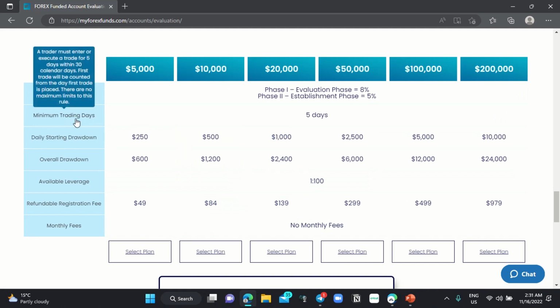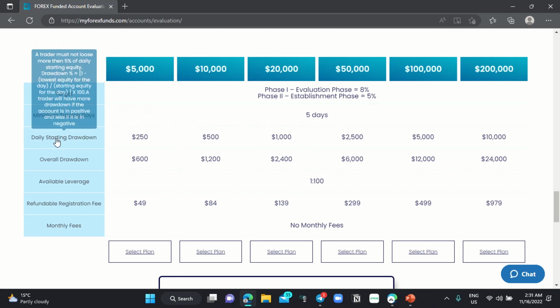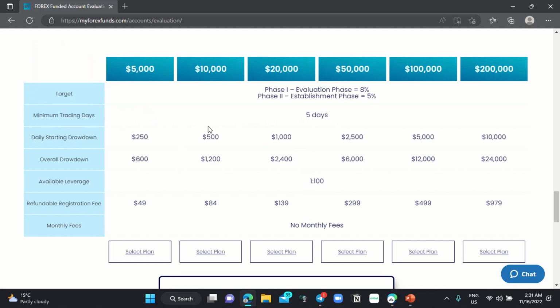The minimum trading days is 5 days, the daily starting drawdown is $500, and the overall drawdown is $1,200. The leverage is 1:100. The refundable registration fee is $84, and there are no monthly fees.